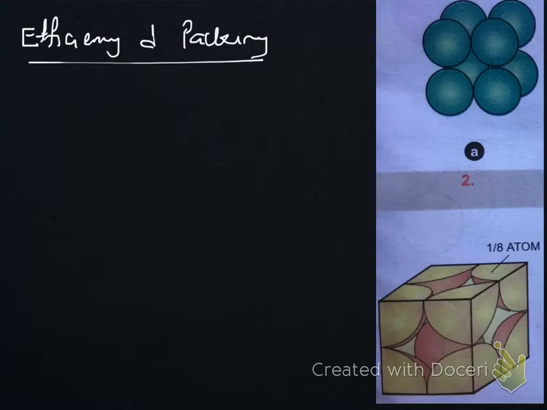And there you had HCP arrangement also, but there we have told that HCP is equivalent to CCP in efficiency and CCP is equivalent to FCC. So if you calculate the efficiency of FCC, you will get the efficiency of CCP and HCP also. So today we are dealing with simple cubic system, FCC and BCC for their calculation of efficiency.